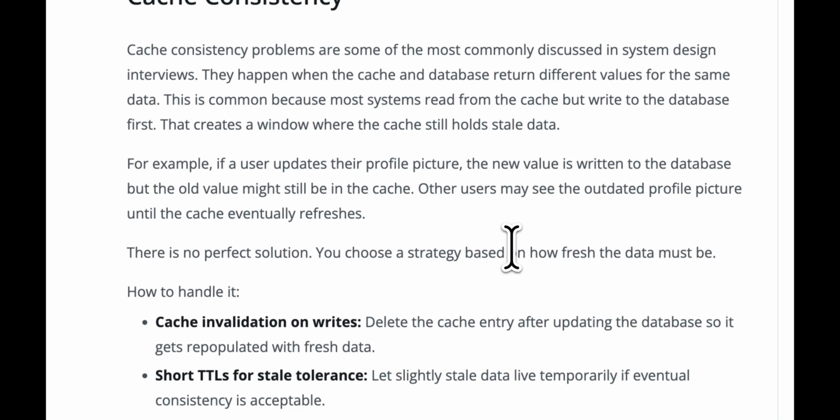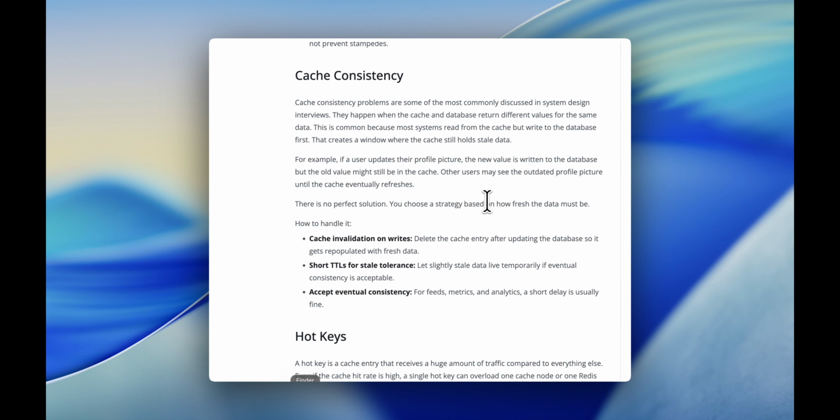Now you have implemented caching in your system. The new value is written to the database, but the old value might still be there in the cache. Now, when that user is trying to see their new profile picture, they will just see their outdated profile picture.